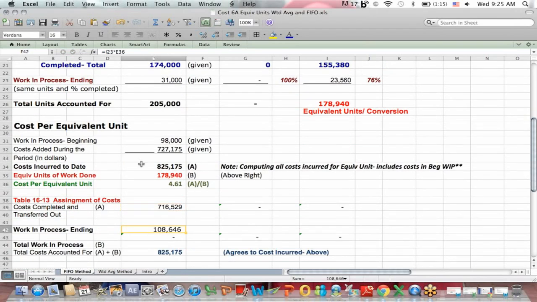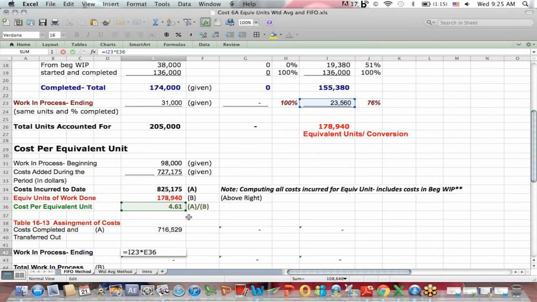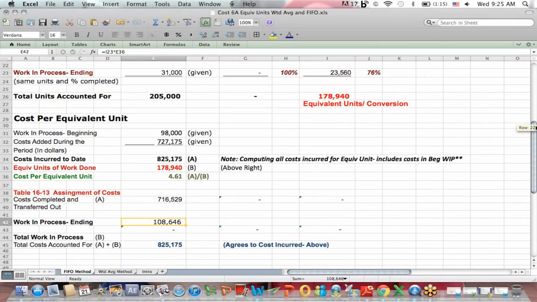And if I take the work in process ending units, equivalent units that I figured out, the 23,560, and I multiply it by the cost per equivalent unit in green, I get another subtotal 108,646. And if I add them up, I see that I've accounted for the entire 825,175 of costs. I know that I figured out my cost per equivalent unit correctly because I've got all the costs assigned.